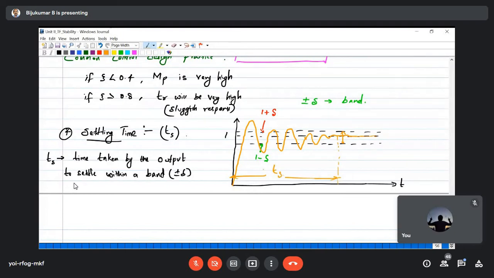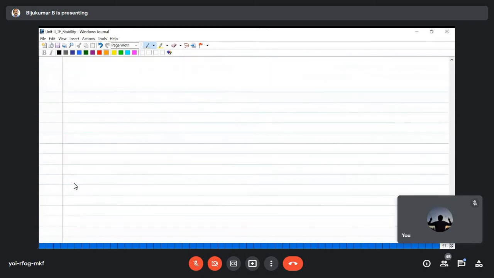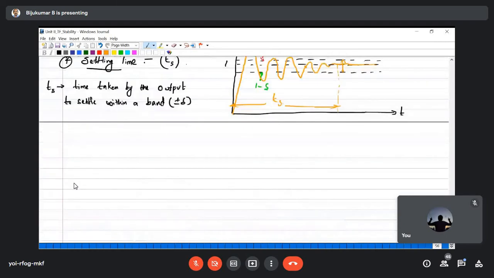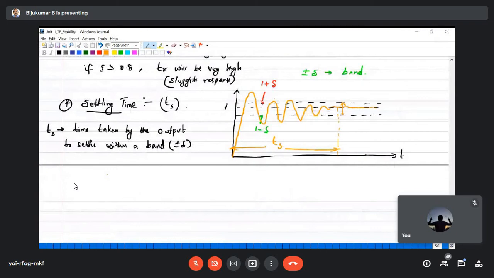Okay. Now we have to find settling time in terms of zeta or omega d. So how can we find this? And usually we have two bands, right? For a second order system, we have considered 2% and 5%. Likewise, here also we have two things. We have to obtain the settling time for two conditions.